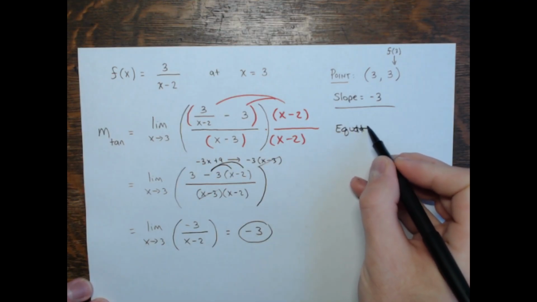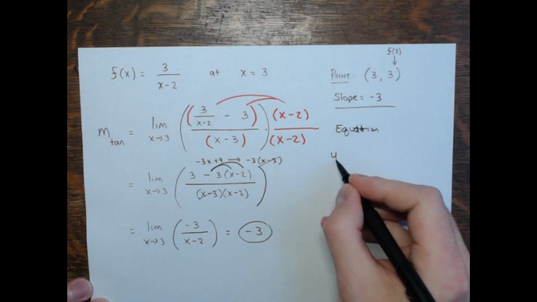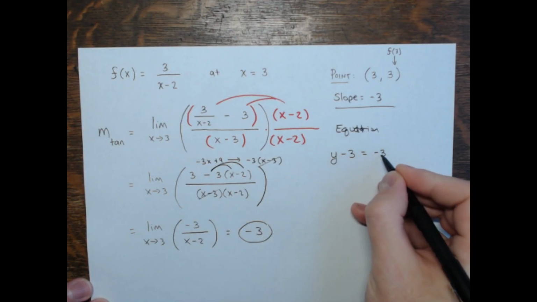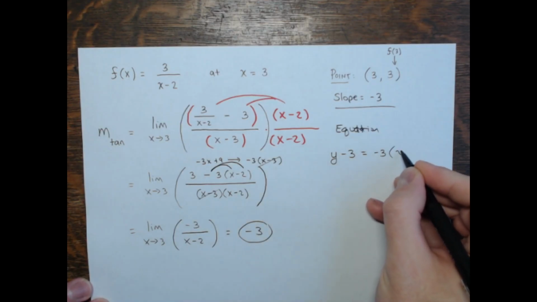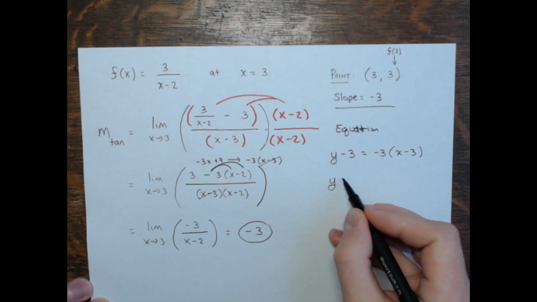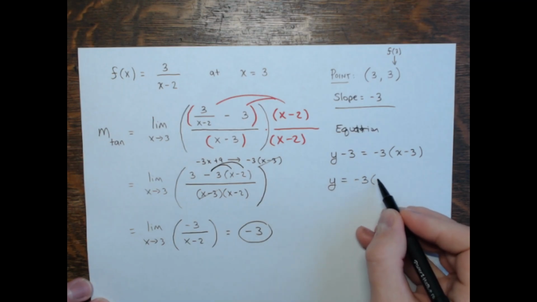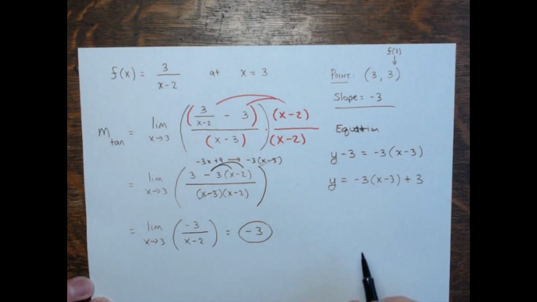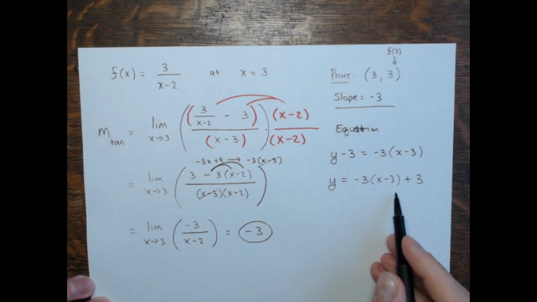And then we can write the equation for our tangent line. It'd be y minus 3 equals the slope, negative 3, times the quantity x minus 3. And if I add 3 to both sides, you get y equals negative 3 times the quantity x minus 3, plus 3. And like you saw in the last example, I can just enter this if I want.